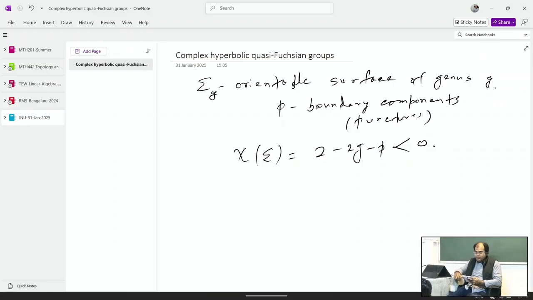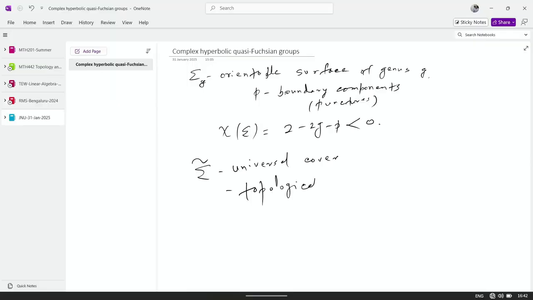Okay. So now you look at the universal cover of the surface. Because I think you also had a course on homotopy and universal cover that Professor Riddhi Shah has lectured, right? So what is the universal cover of an orientable surface of genus g? So topologically, these are facts, okay?